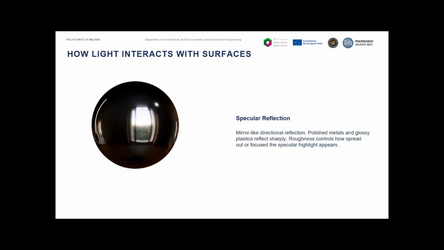At the microscopic level, real surfaces have a distribution of tiny facets oriented in slightly different directions. So roughness encodes the spread of this distribution. A low value of roughness means a narrow, sharp reflection, like polished metal.